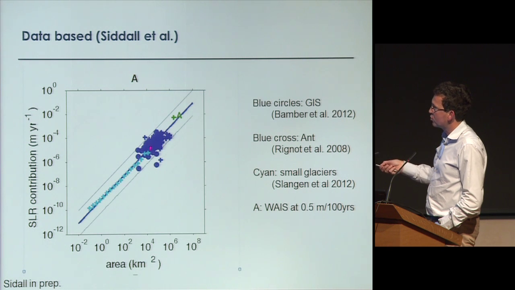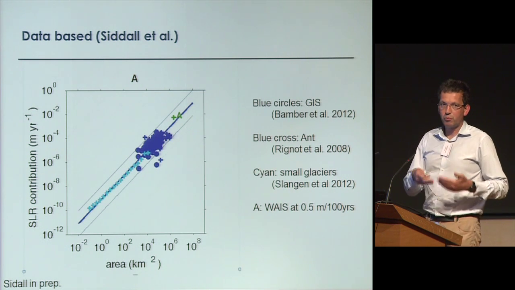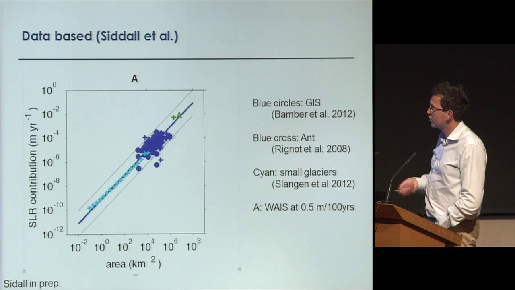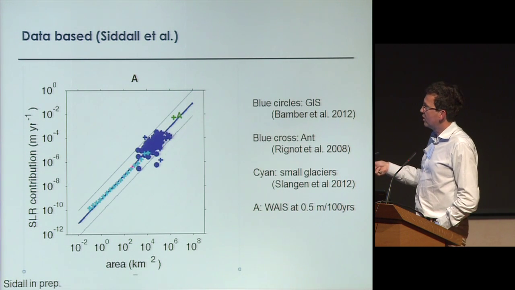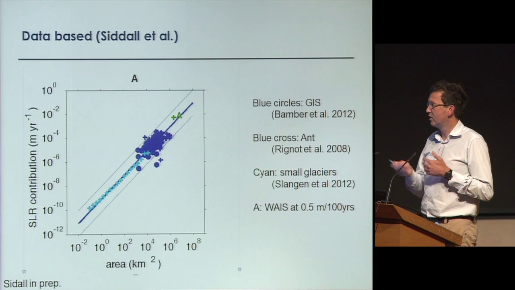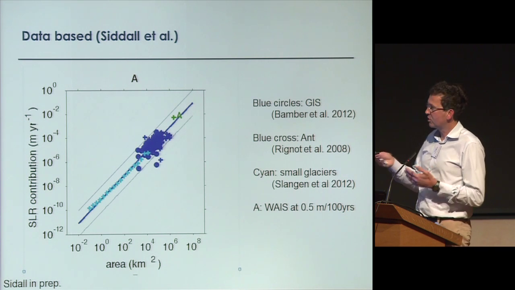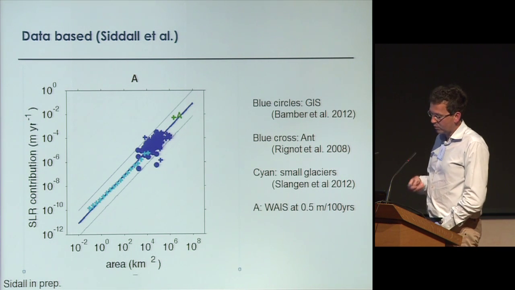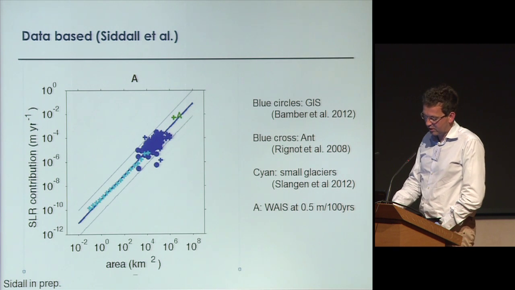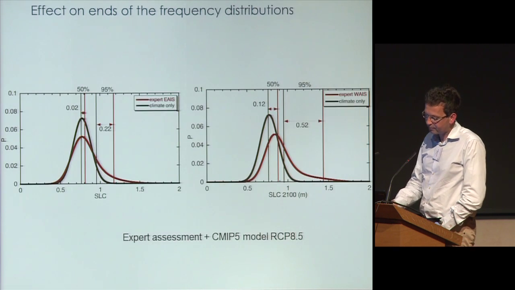There are observations on sea level contribution from individual glaciers. For small glaciers, this is known, and for West Antarctica, it's known. And if you combine that, you can estimate what the sea level contribution would be in a century.